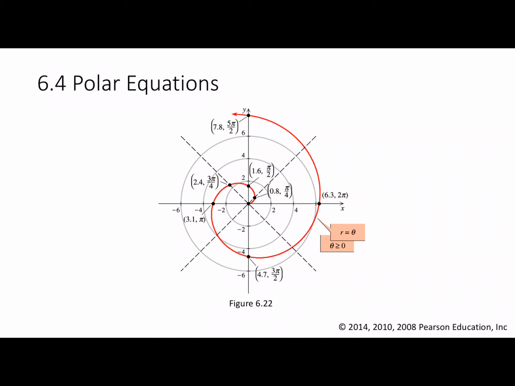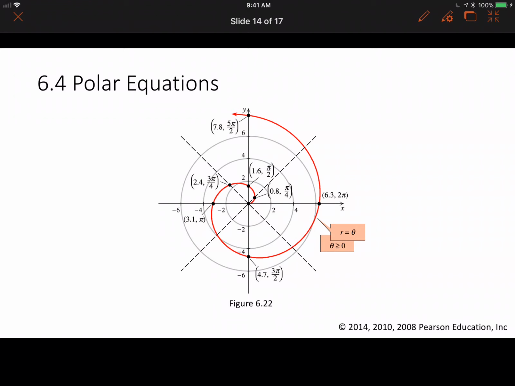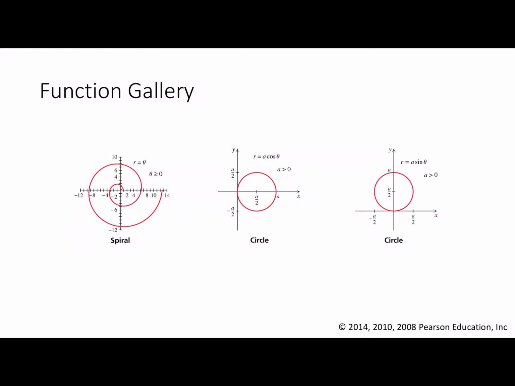And you can see the red part is that graph, and it's just a spiral out, right? As theta increases, so does r, and so we keep spiraling out.